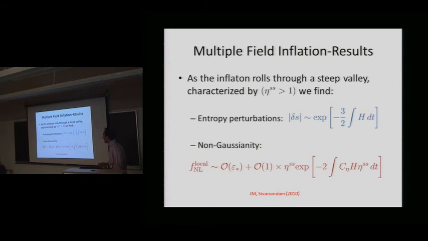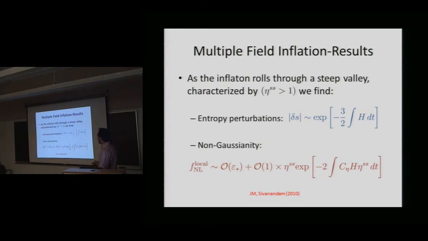And what we find is that as the inflaton rolls through a steep valley, which is characterized by this eta SS parameter being larger than 1, the entropy perturbations, the perturbations perpendicular to the direction, or I should say the non-adiabatic perturbations, scale as e to the minus 3 halves times the integral of H. And meanwhile, FNL local has some terms which are suppressed by slow roll parameters, plus something which appears to get large as the inflaton rolls through a steep valley, but which then becomes exponentially damped as the inflaton continues to roll.